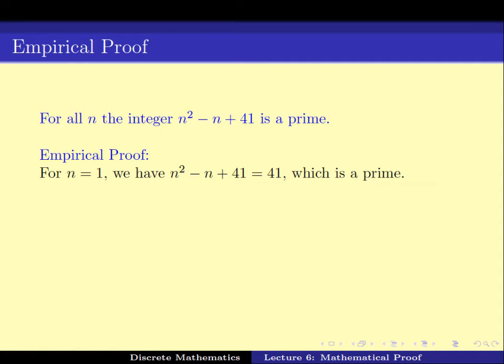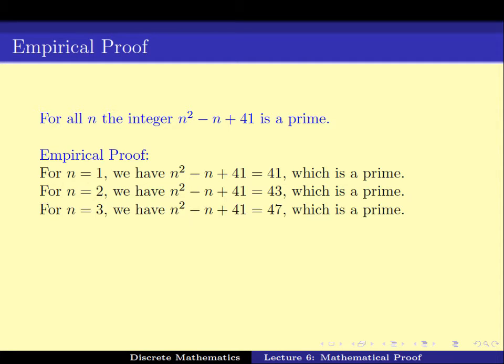Great. If n equals 2, once again, n square minus n plus 41, this is 43, which is also a prime. N equals 3, you can check that again we get n square minus n plus 41 which is equal to 47, which is again a prime.